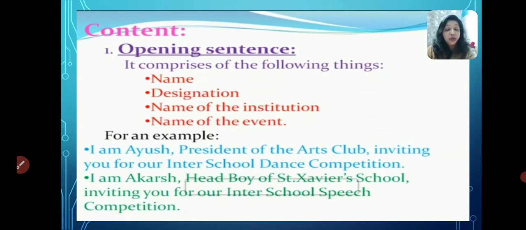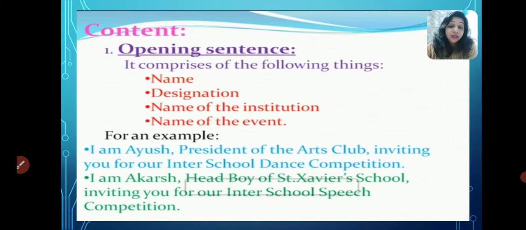Number one is the name. Number two, designation. Number three, name of the institution to which you belong, and name of the event. Your institution doesn't mean it should be only a school. It can be any organization, any management, hospital, any institution, private or government.